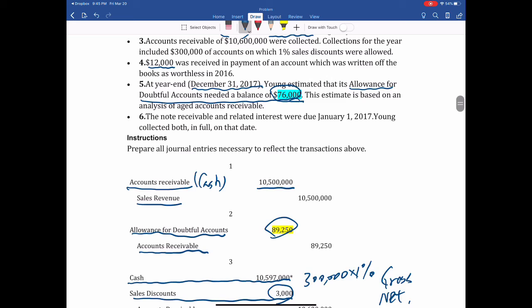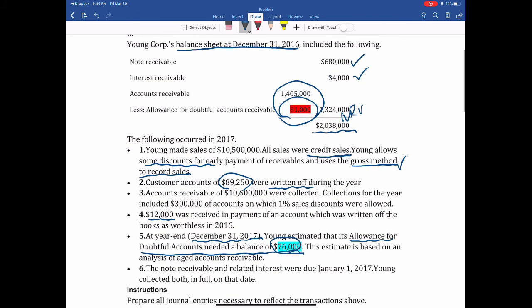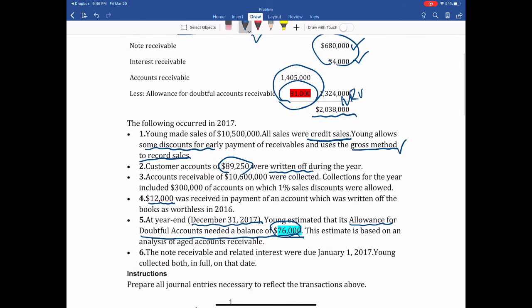Number 6, the note receivable and the related interest were due January 1st, 2017. Young collects both in full on that date. Actually, the balance of both are given. This is the balance by the end of 2016, and they are going to be collected fully just one day after.